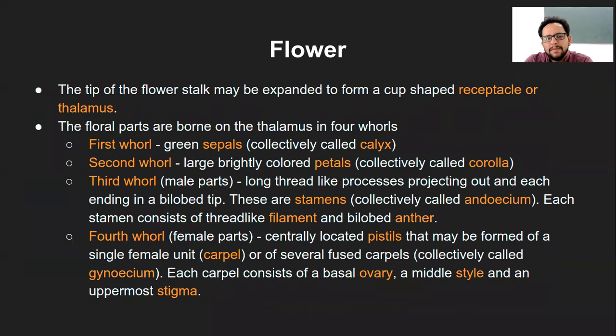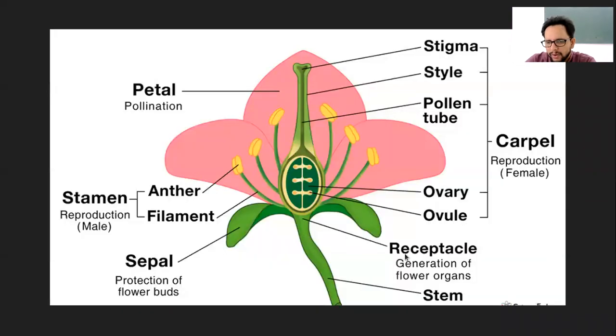The tip of the flower stalk may be expanded to form a cup-shaped receptacle or thalamus. So this part, you can see, is the receptacle. This is actually the stalk or the stem or the pedicel, and it expands a bit. You can see here that it is surely enlarged compared to the base of the stem.